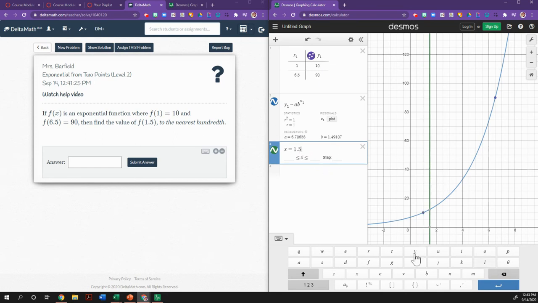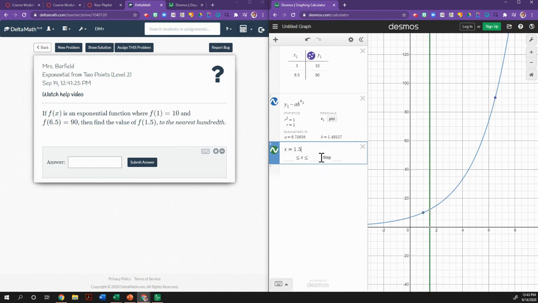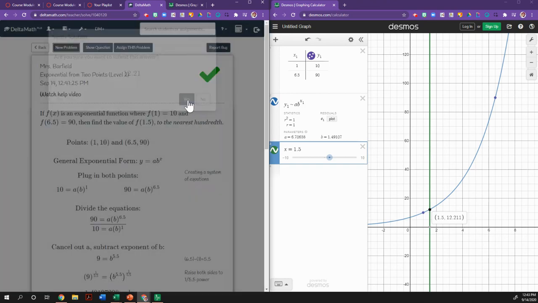Look what happened when I typed in x equals 1.5: it drew a line right there, and that's where those two lines cross. So when x equals 1.5, my y will equal 12.211. We have been told to round to the nearest hundredth, so 12.21. Submit my answer.